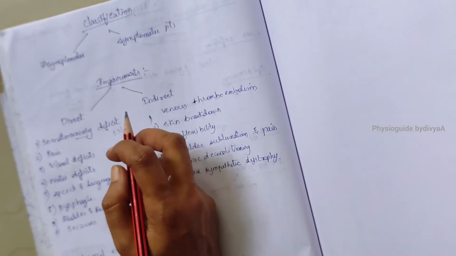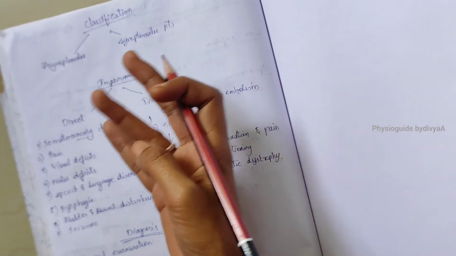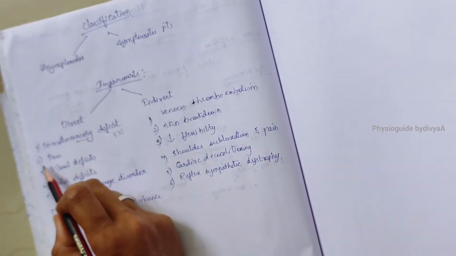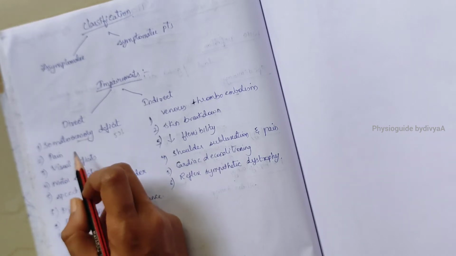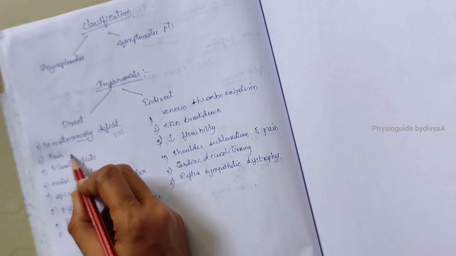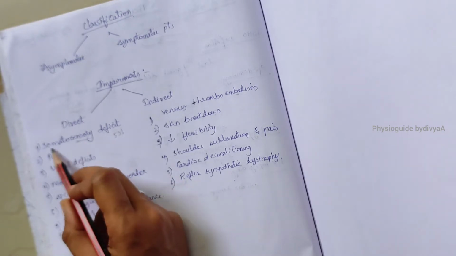Patients sometimes complain of abnormal sensations such as numbness, dysesthesia, hyperesthesia. Next, pain: they feel severe headache and neck and face pain. Pain can also be indirect, due to muscle pain, muscle imbalance, or impaired movement pattern.